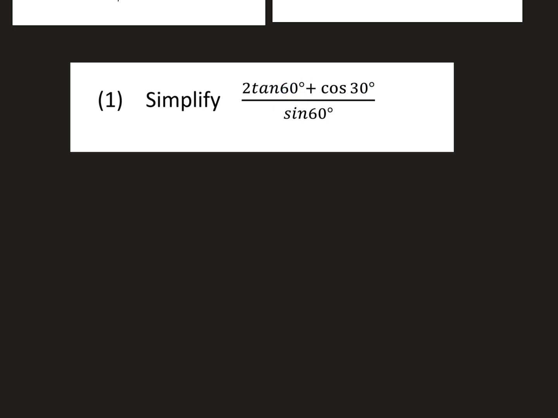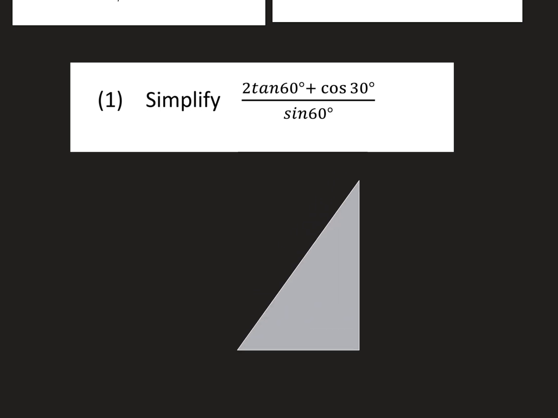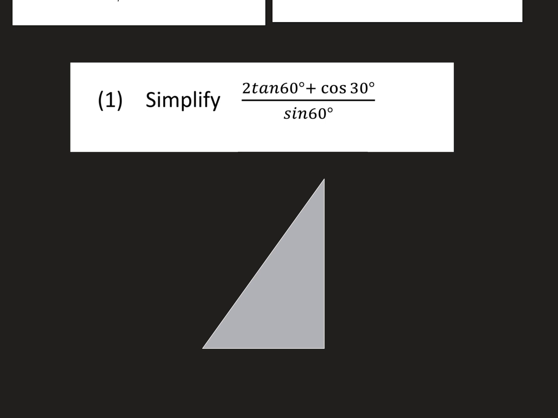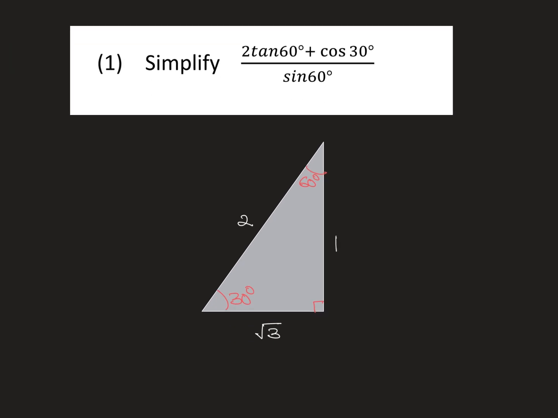Let us quickly remember the triangle that we have. If this is the right angle triangle, let's say we have angle 30 degrees here and angle 60 degrees. We've said that this side will be root 3, this side will be 1, and this side will be 2. You have to remember this.